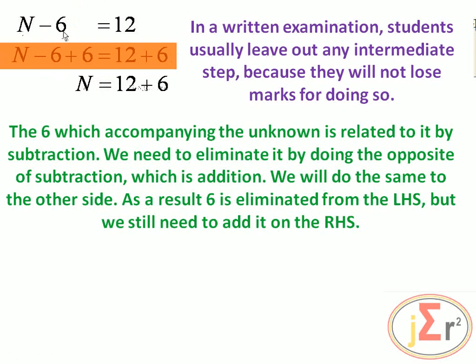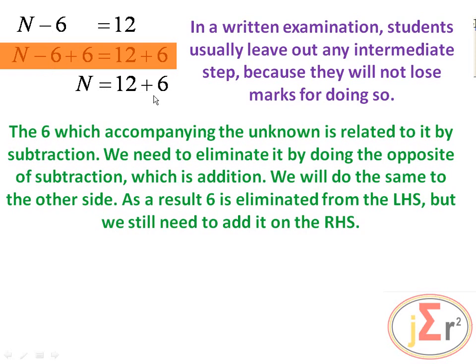So because n minus 6 is equal to 12, they say that n is equal to 12 plus 6, and they have a lot of incorrect ways of saying it. One way of saying it is the 6 that we have on the left-hand side goes over the equal sign and its sign changes to positive or plus. That's not correct. It does not go over the equal sign. And some will say that the negative 6 that we have here is added on the right-hand side.